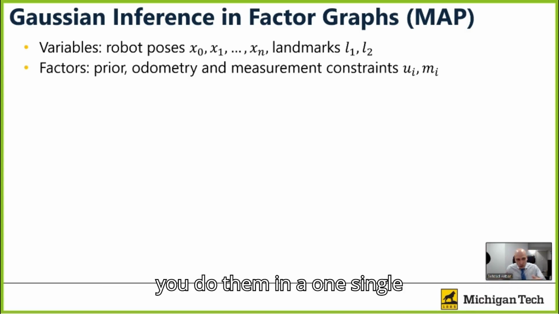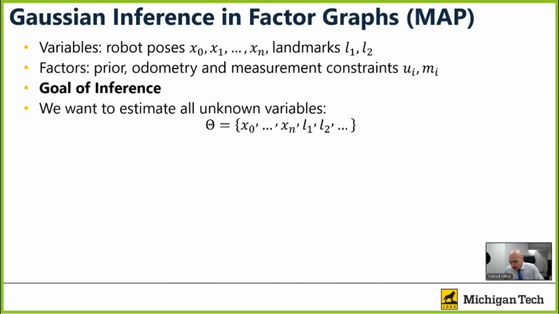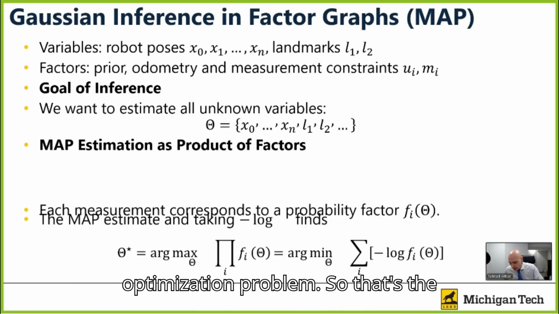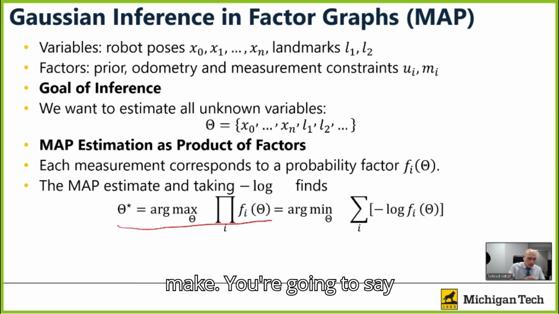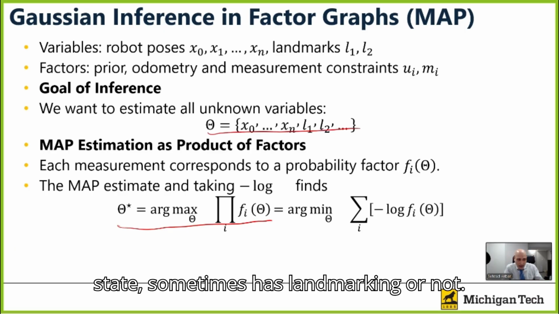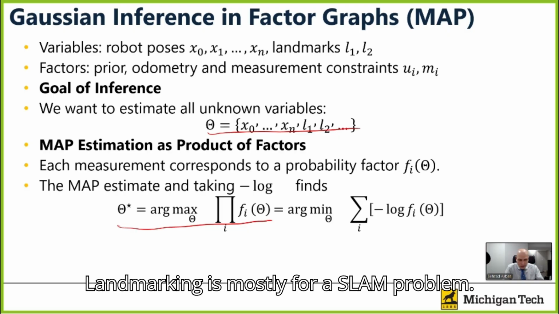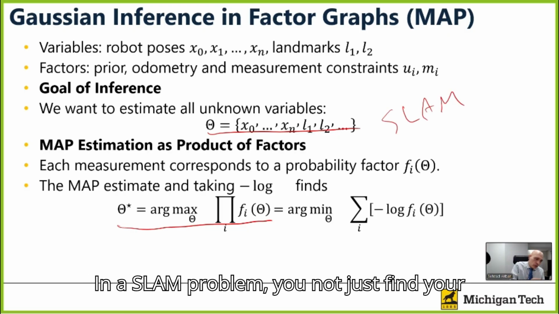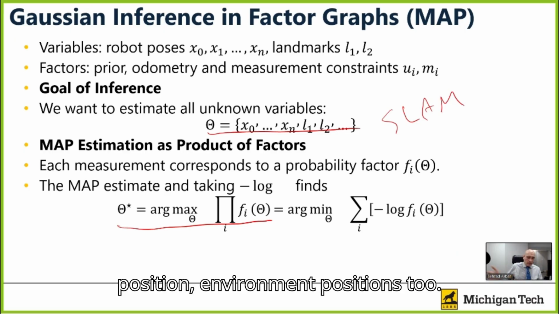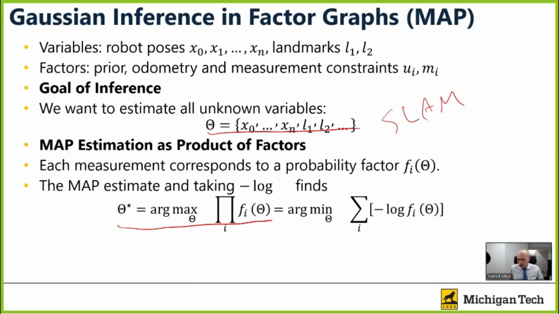Anyway, you make lots of factors, and you put them in one single optimization problem. That's the optimization problem that you're going to make. You're going to say that this state, the unknown state, sometimes has landmarks or not. Landmarks are mostly for a SLAM problem. In a SLAM problem, you not just find your position, but environment positions too.